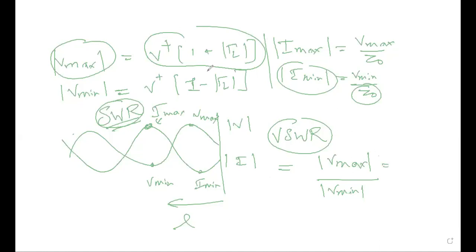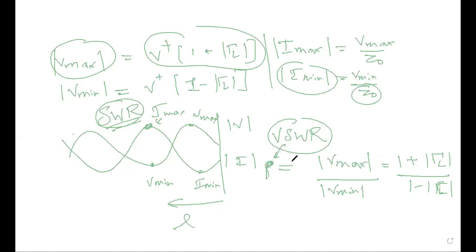You simply have to divide, right? It will be 1 plus mod of gamma L upon 1 minus mod of gamma L.